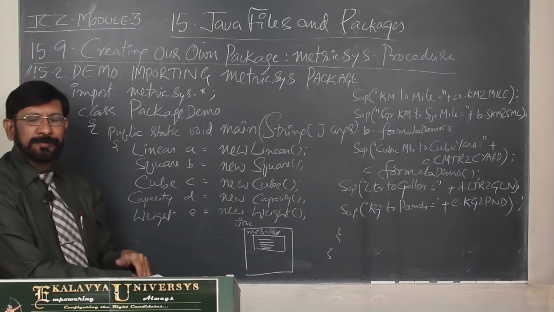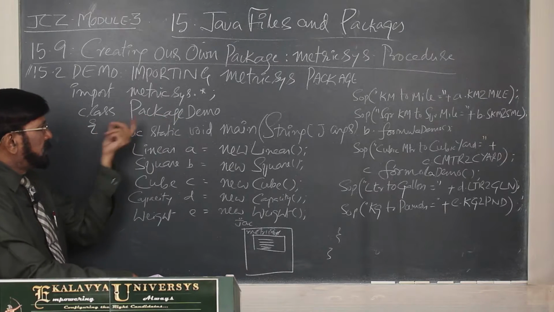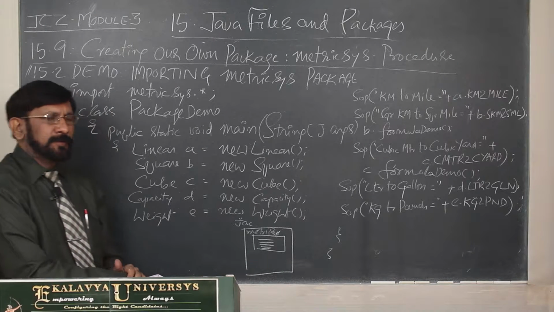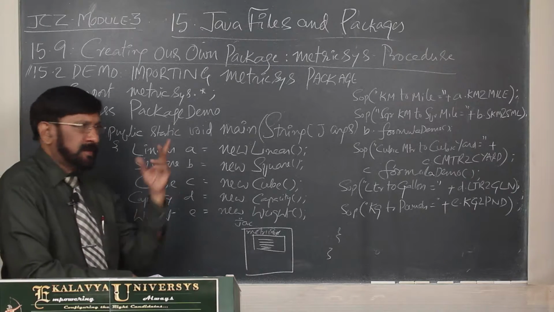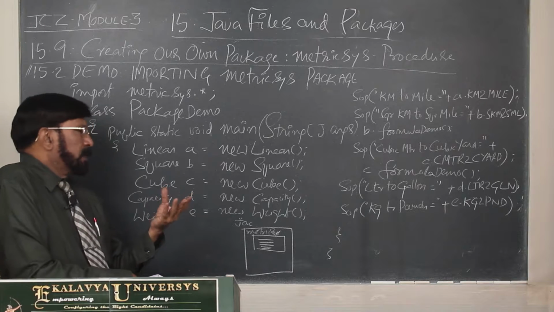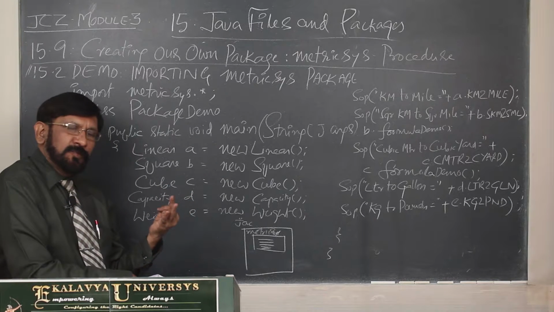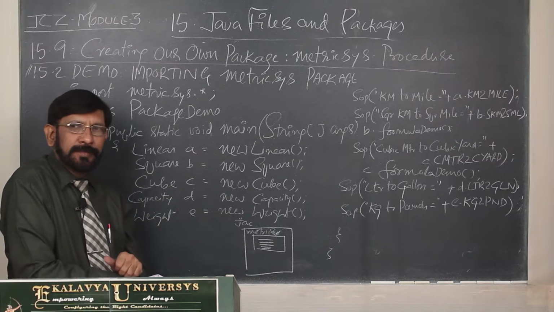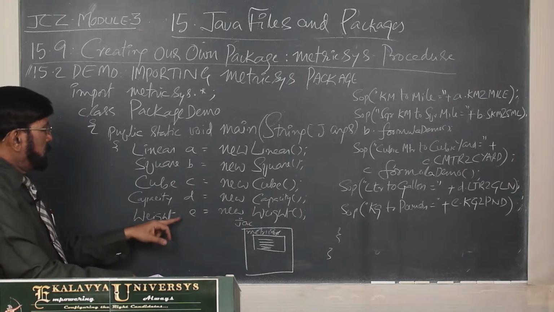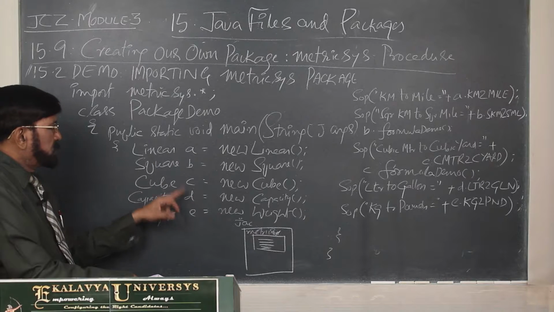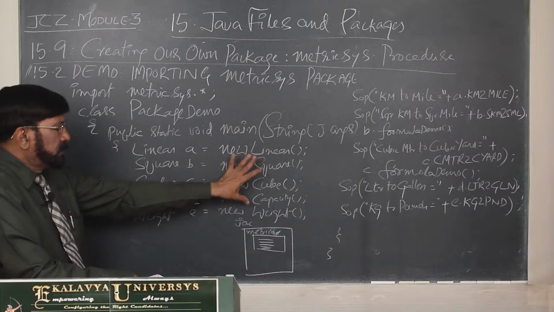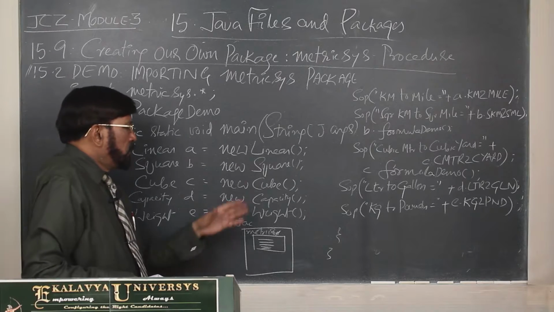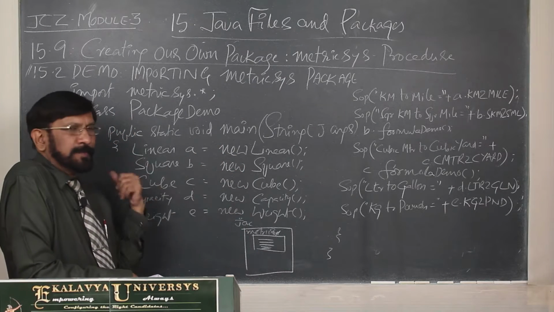This one class I have defined is named PackageDemo, and main I have defined. You know that there are 5 classes in the Metricsys package: linear, square, cube, capacity and weight. Now I am creating 5 objects A, B, C, D, E. Now, how to use those elements?